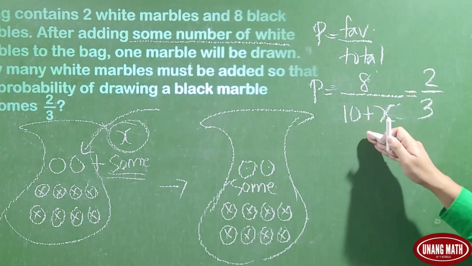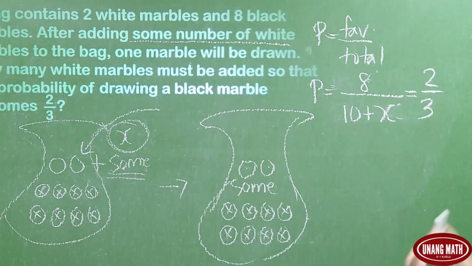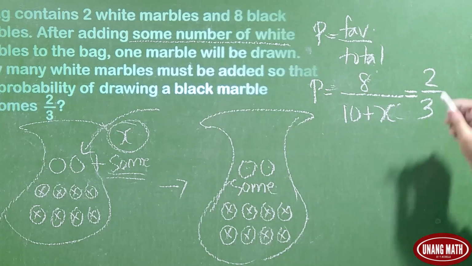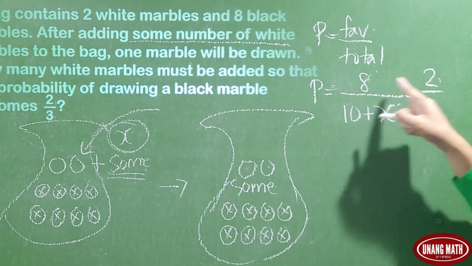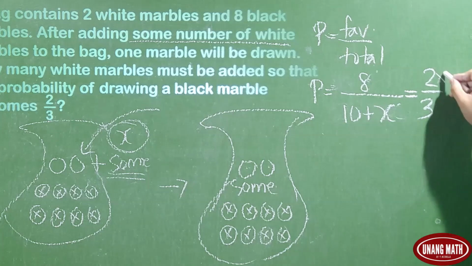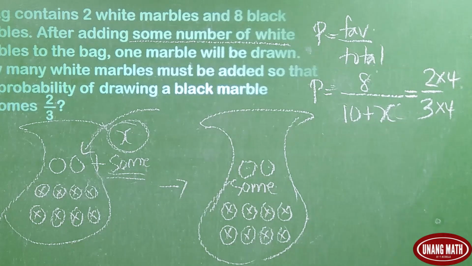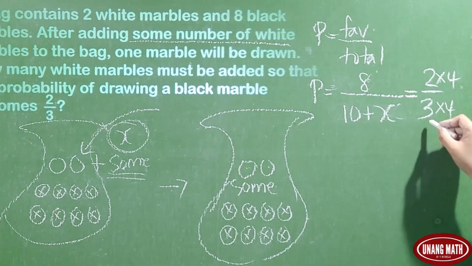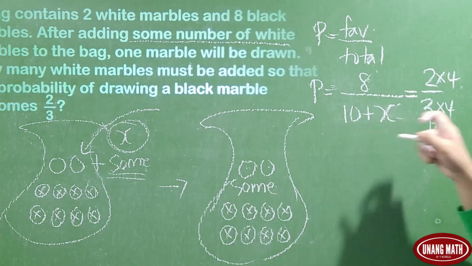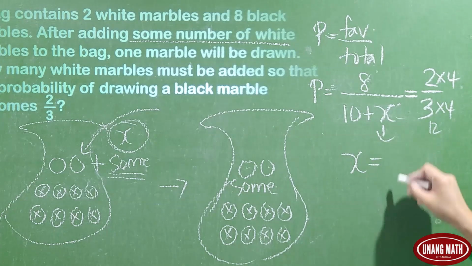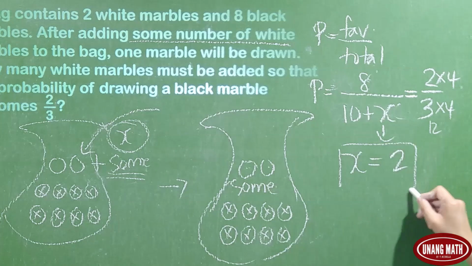So this one and this are equal as represented by this equal sign. So, to make this 2 into 8, this is now multiplied by 4. And we have to multiply this one also by 4. 3 times 4 is 12. So 10 plus X must be equal to 12. So it means X is equal to 2.